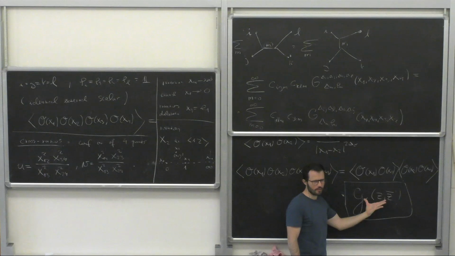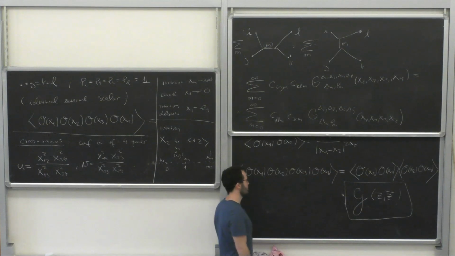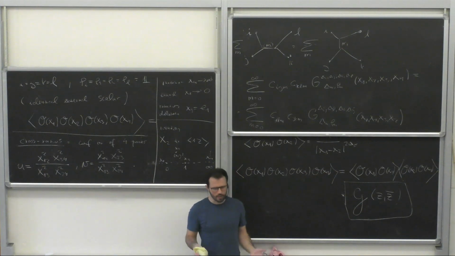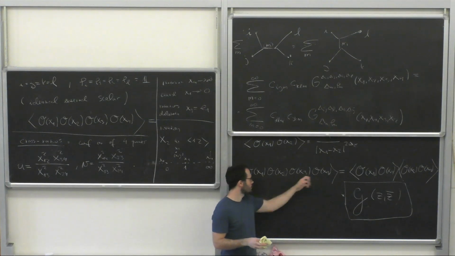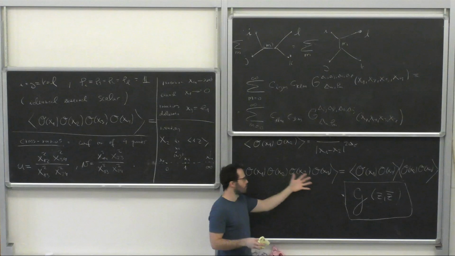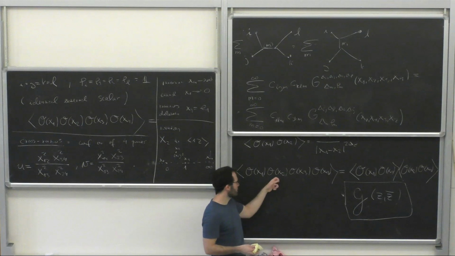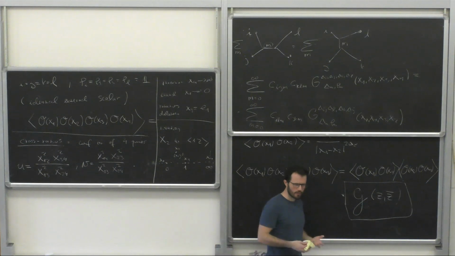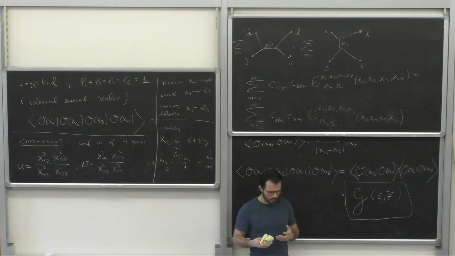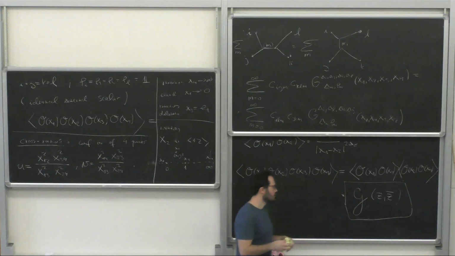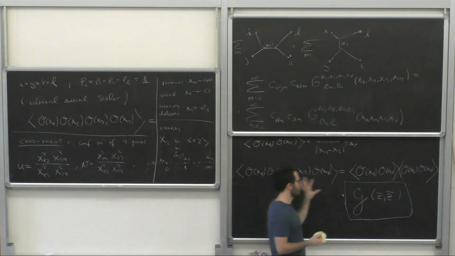I'm just saying if you take a ratio of a four-point function and two two-point functions built out of the two pairs of points, then the ratio has to be conformal invariant, because each of these operators picks up the same factor under conformal transformation. I mean, the conformal transformation of each operator is kind of independent of all of the other operators. So their transformation cancels in the ratio of the four-point function and two-point functions.